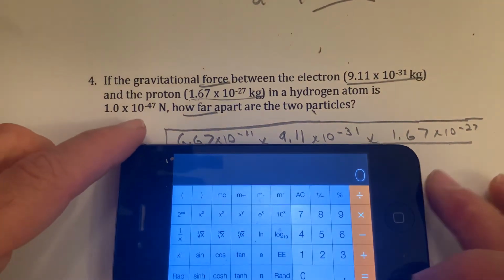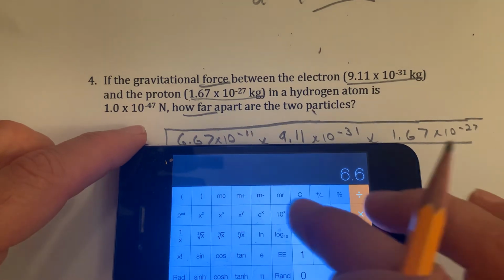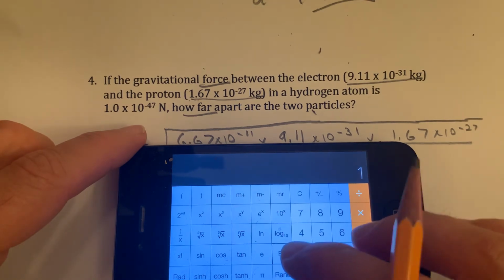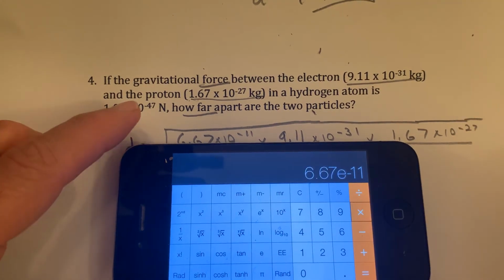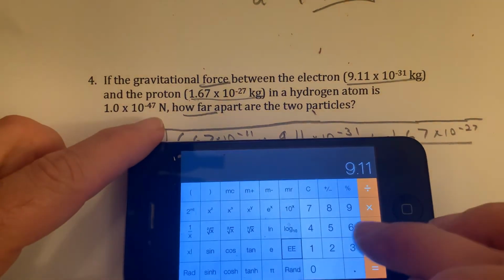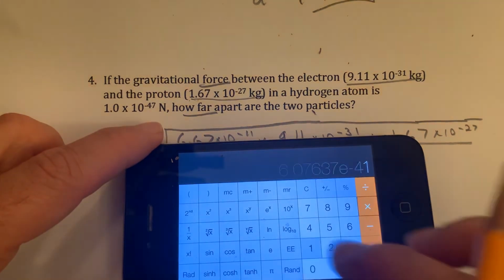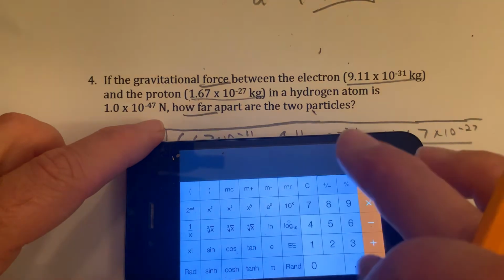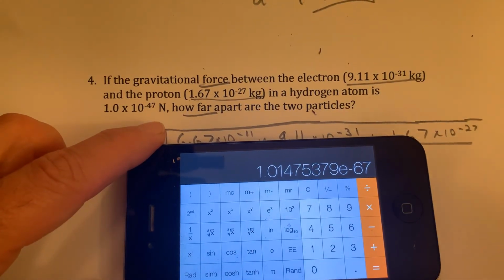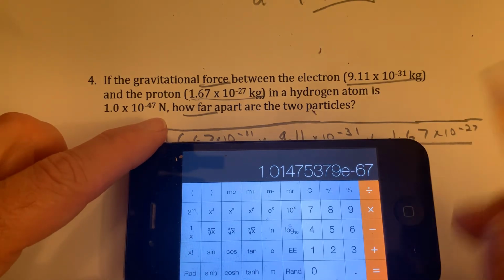All right, so let's plug in our numbers. 6.67 E negative 11 times 9.11 E negative 31 times 1.67 E negative 27 equals this really small number, 10 to the negative 67.